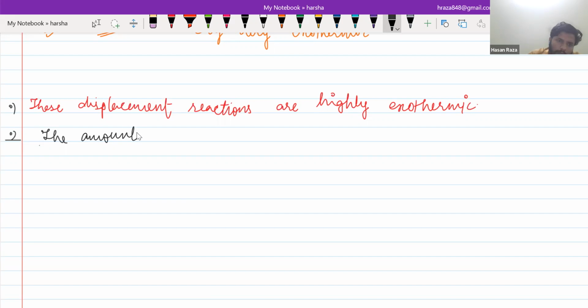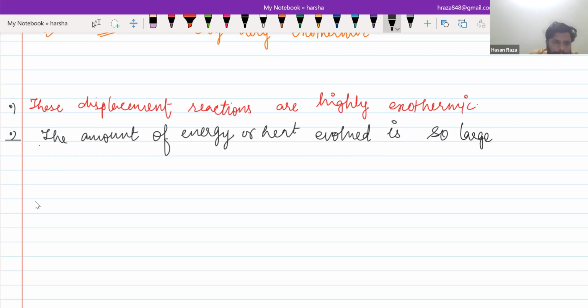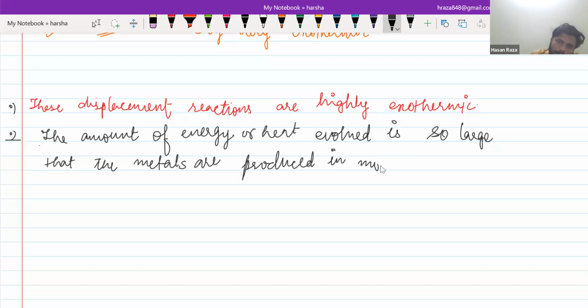The amount of energy or heat evolved is so large that the metals are produced in molten state.